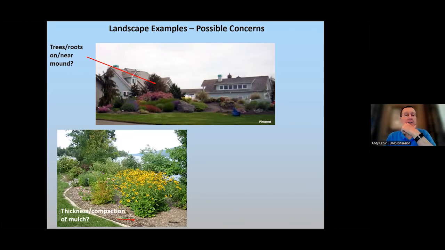And then here's another issue. What about the mulch? Is that the right type of mulch? Does it get thick? For example, oak mulch will over time compact, and it becomes very tight. And oftentimes you probably see that water kind of can run off of it. But is it allowing air?